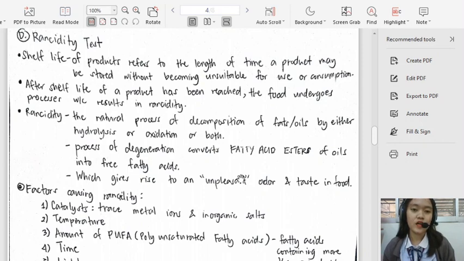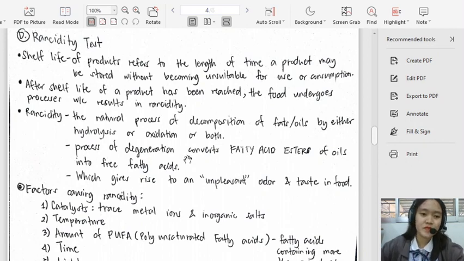Okay, so it refers to the length of time a product may be stored without becoming unsuitable for use or consumption, meaning hindi pa siya nagiging rancid. So every food that you buy in the market, they have certain shelf life. Kaya nga meron tayong nakalagay sa mga pagkain na binibili natin na best before or expiry date.